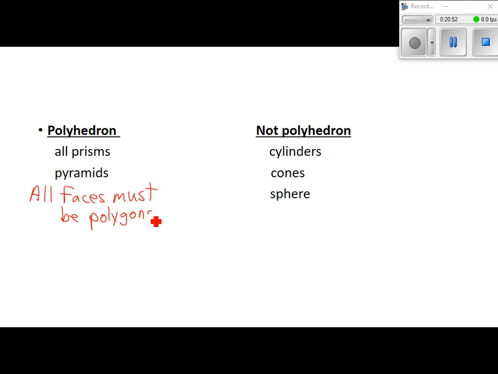In other words, no circles. No curves in them. Cylinders, cones, and spheres are not polyhedrons because they all have what in them? Curves and circles.